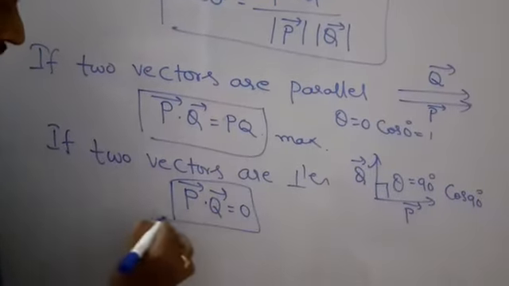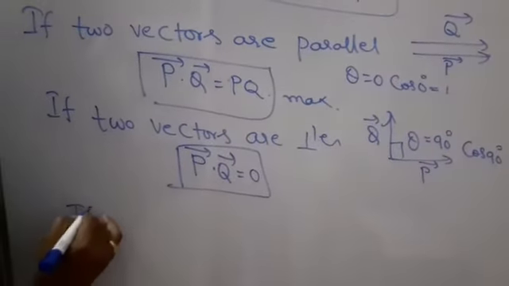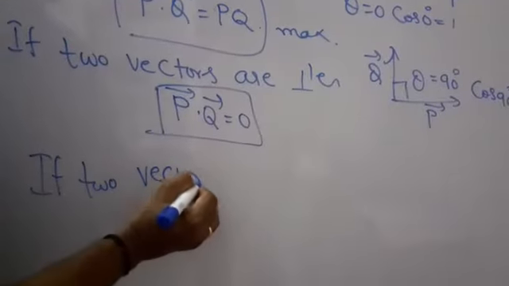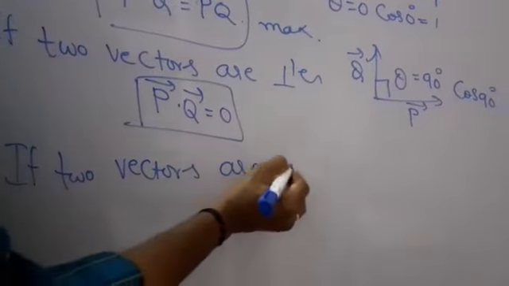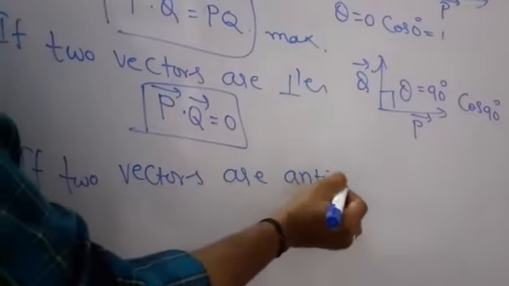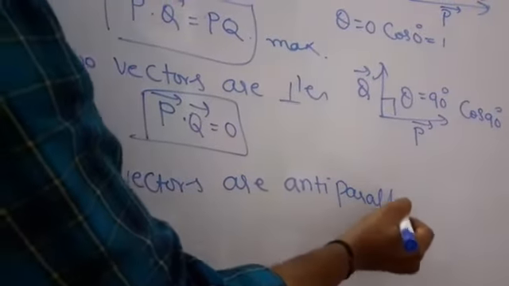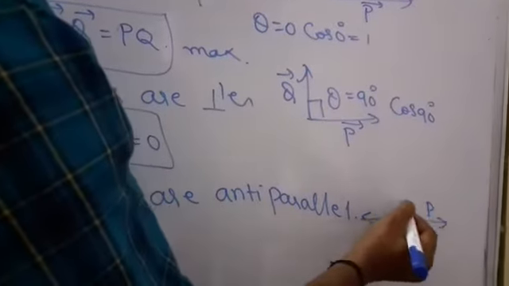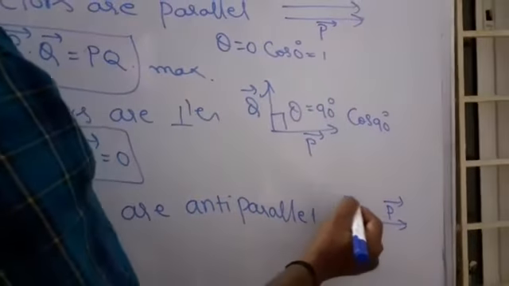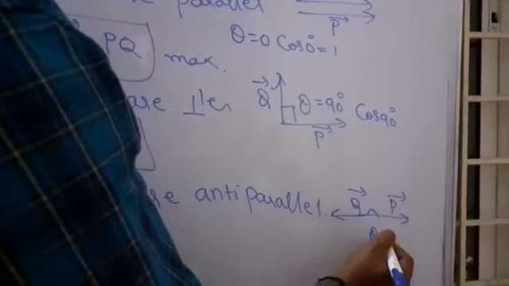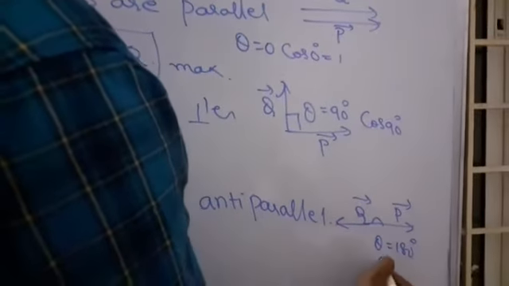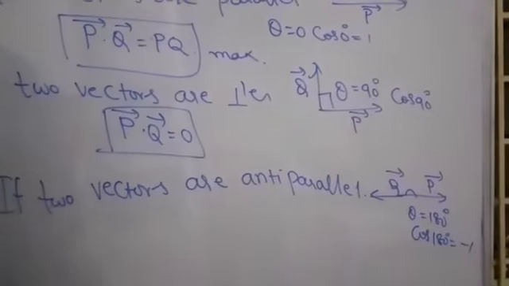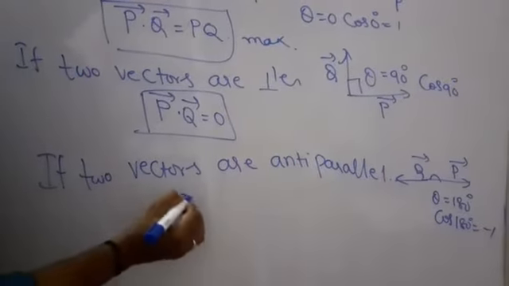Next, if two vectors are anti-parallel, then the theta value is 180 degrees, and cos of 180 is minus 1.